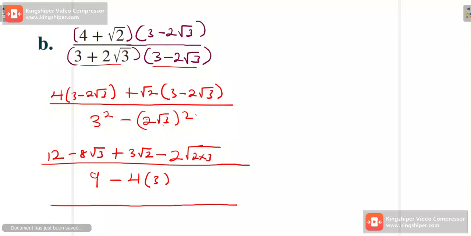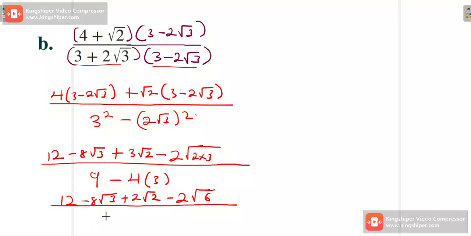Now, let us group like terms. We have 12, then negative 8 root of 3, then plus 3 root of 2. Then this part becomes negative 2 root of 6. 2 times 3 is 6, root of 6.